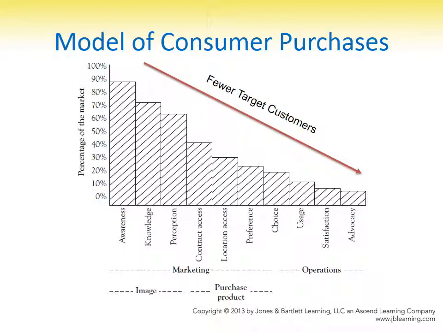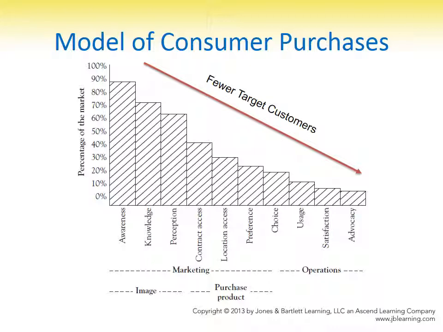So if you look at consumer purchases and where we're at in marketing and how we're placing our tactics, in the awareness stage, what this really talks about is we have a lot of consumers, all of the market we've got out there to make aware. Those individuals, we start getting fewer and fewer targeted customers as we find those who have knowledge, who know more about us, who can access us based on contract, who can access us based on location, who have choice, who are satisfied, and who are advocates.